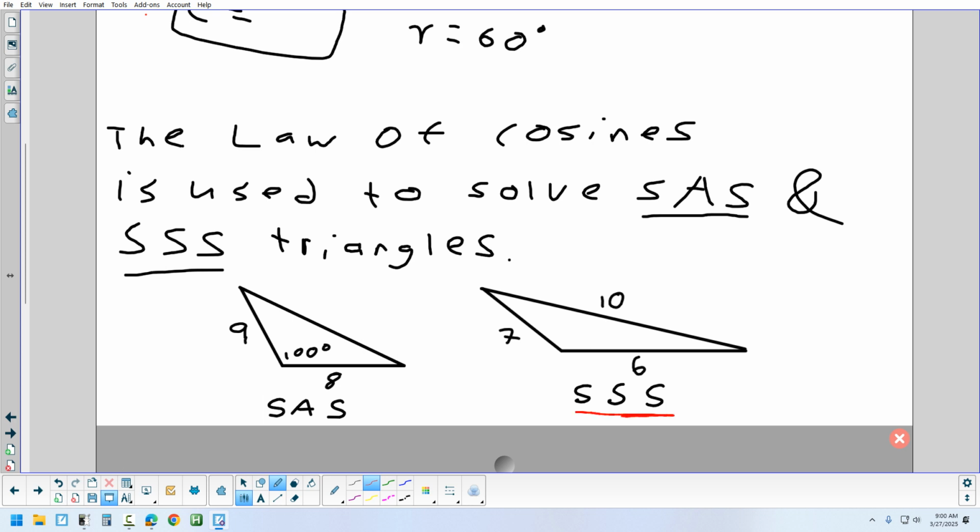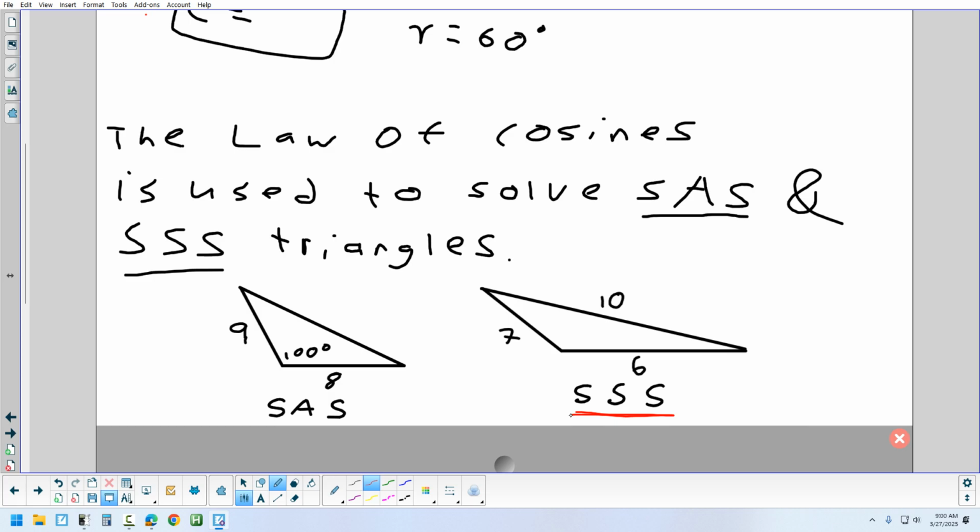What did we say about the rule with the sides in a triangle? Anybody remember what the rule is? The 2 shorter sides have to be more than the longest side. Well, any 2 sides have to add up to be more than the longer side. So if I gave you sides of like 1, 1, and 300, you can't make a triangle with a 1, a 1, and a 300. They won't connect.